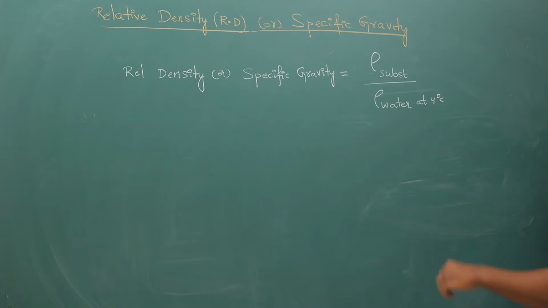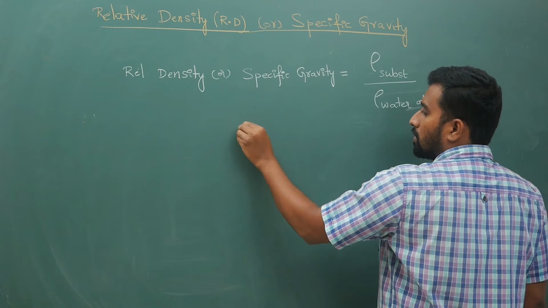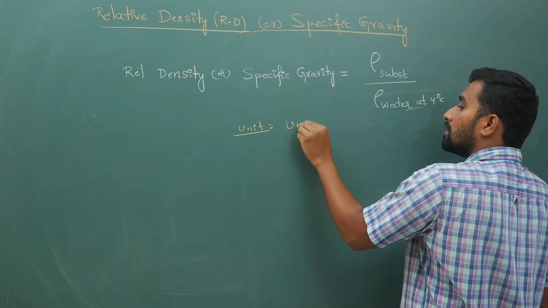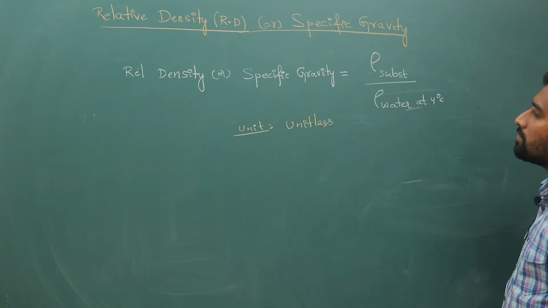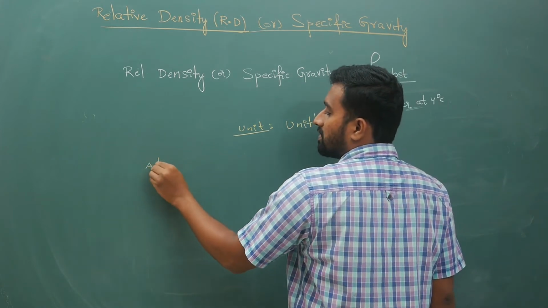but people will usually take anything greater than 4. Now it is a ratio, so it is unitless. And what is the advantage of this?